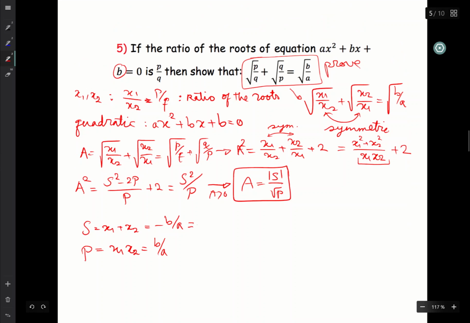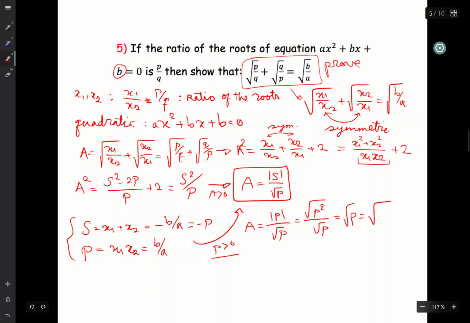So s is minus p, and therefore a is p divided by square root of p. So this is square root of p squared divided by square root of p. Obviously, we're assuming that p is positive. It's square root of p, square root of b over a.